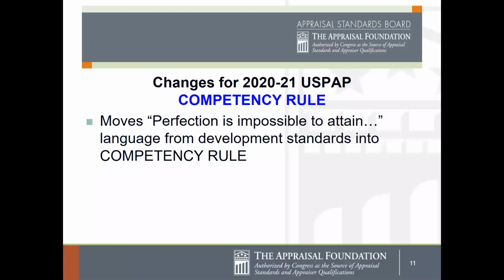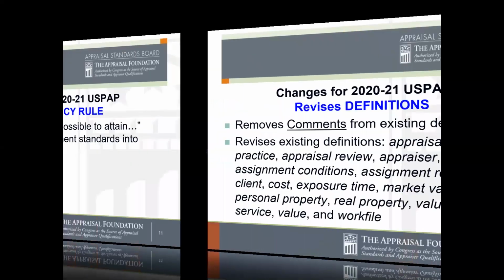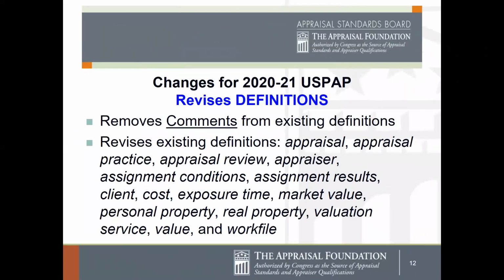Moving on to the next thing here, there's been quite a bit of action regarding the definitions in USPAP. Wayne, what can you tell us about there? Well, the ASB adopted a variety of modifications and additions to definitions in order to help readers better understand USPAP. And here the effort was threefold.